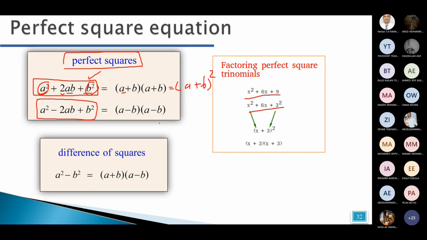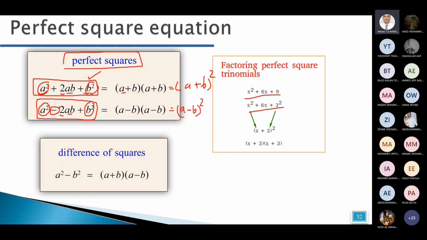And for this one, the difference between perfect squares, it's A squared, B squared, and A multiplied by B multiplied by 2 but with minus, so it's actually A minus B power 2.